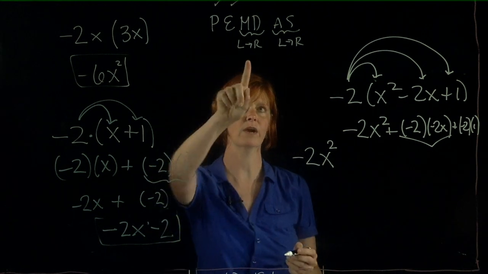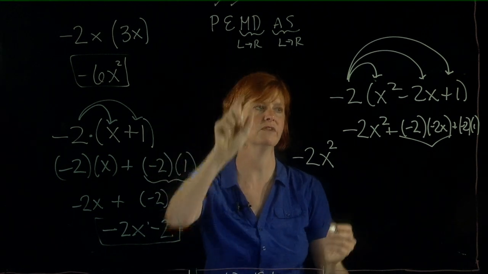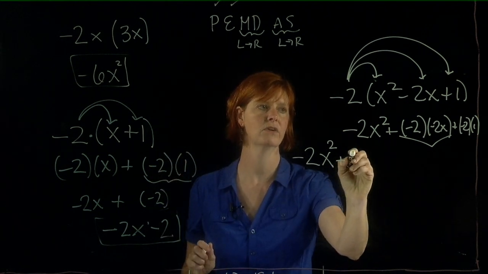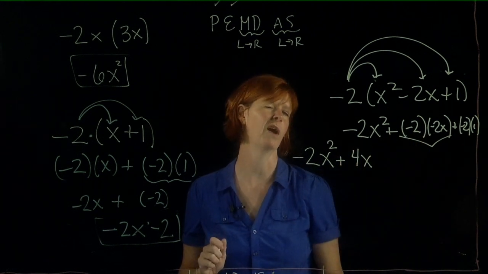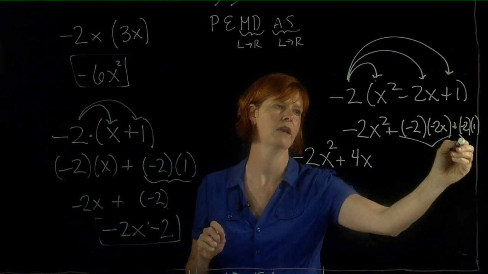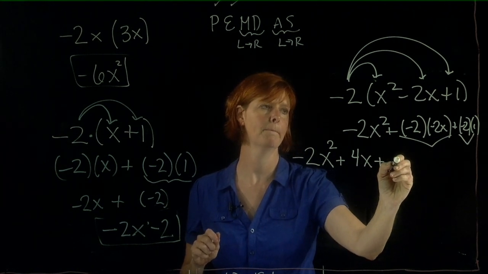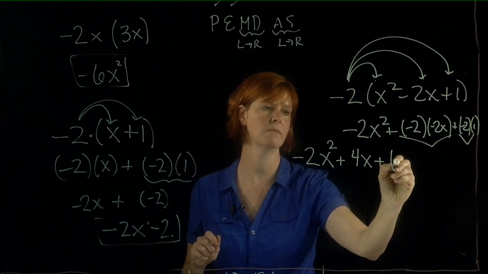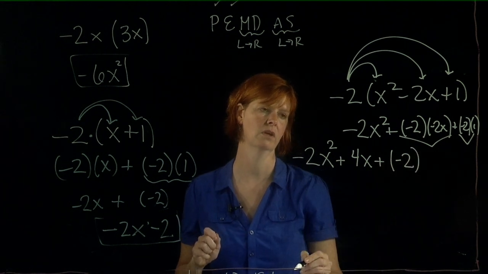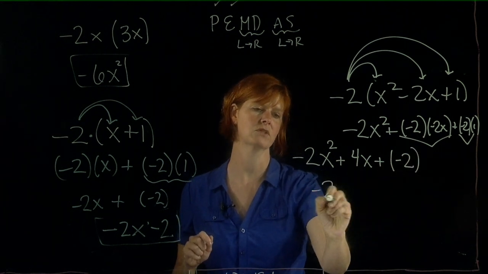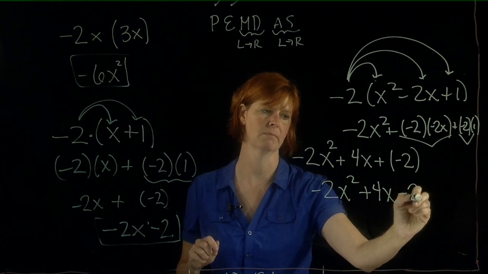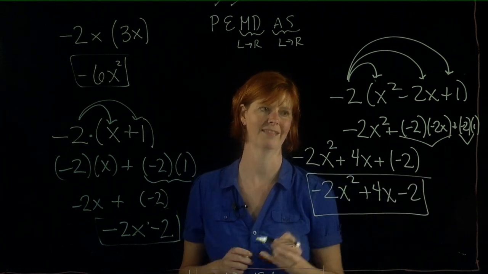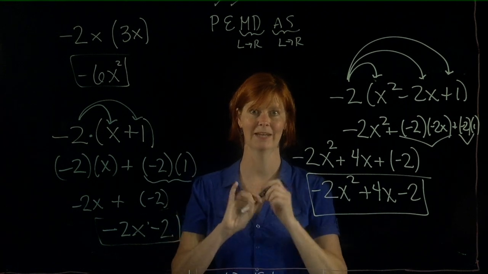Negative times a negative, because right here I'm doing this multiplication, is a positive 4x. Now plus a plus, and I just wrote 1. I kind of skipped a step there. Plus negative 2 times 1 is just negative 2. Because the signs were different, I was trying to slow down and show you a little bit more. But plus and minus is just a minus. There you go.